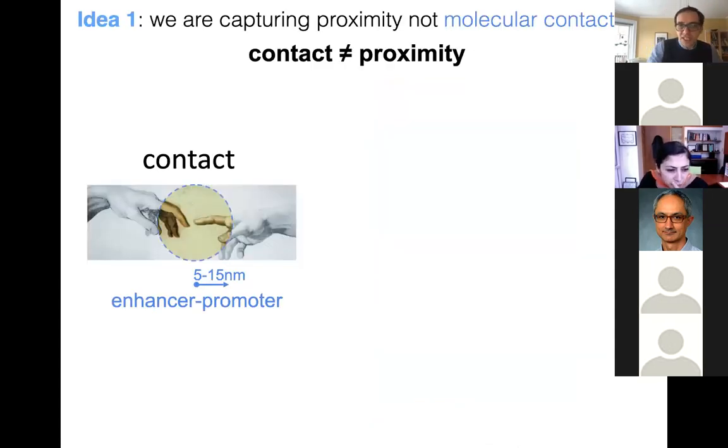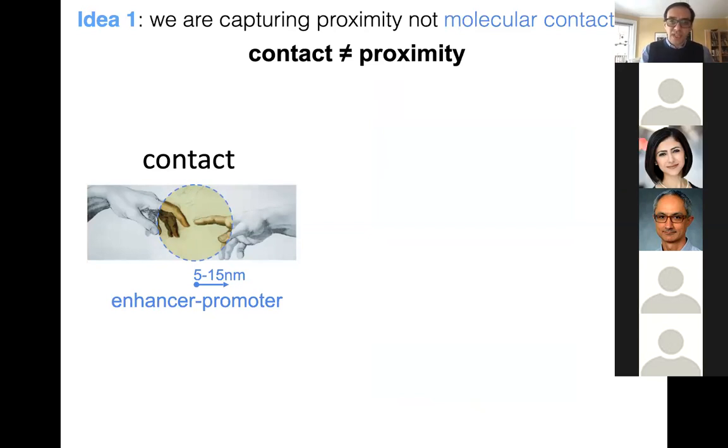I will suggest three ideas that I think can help us understand what's going on better. Idea number 1 is very simple. For a regulatory interaction, you really need transcription factors at one place to talk to transcription factors or polymerase at another location.